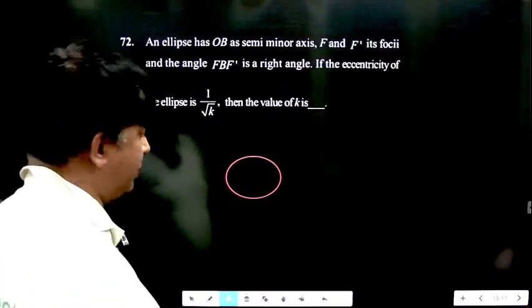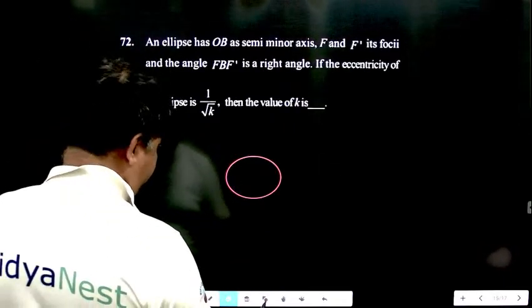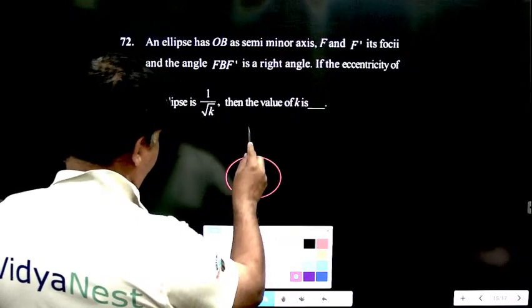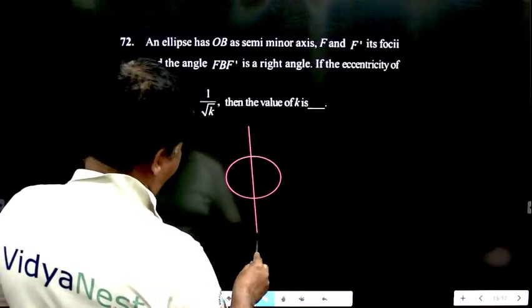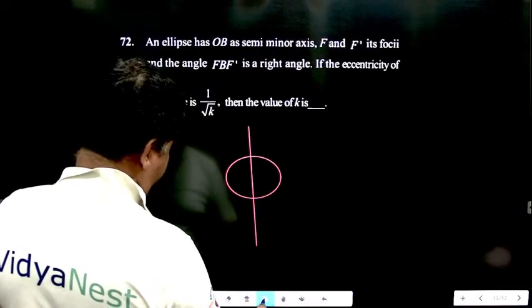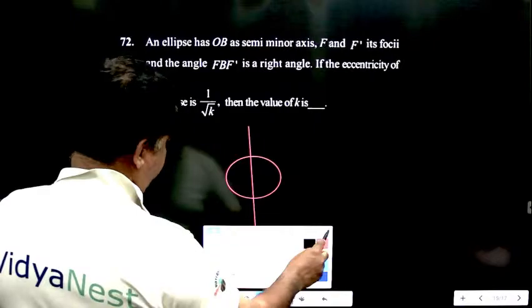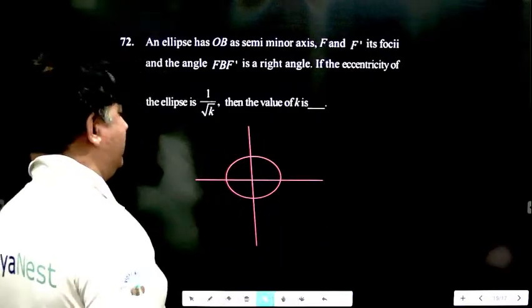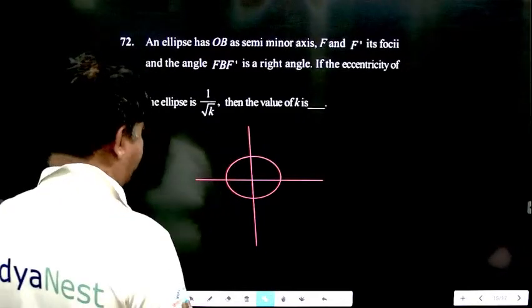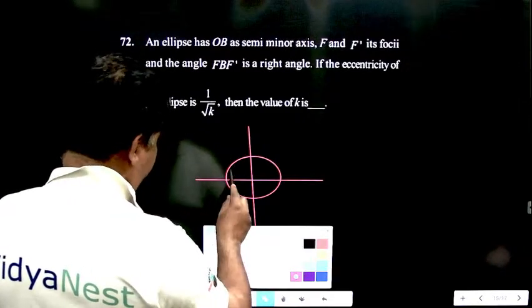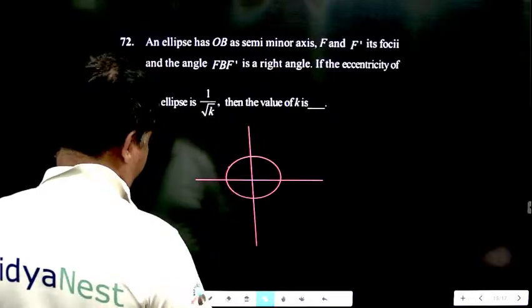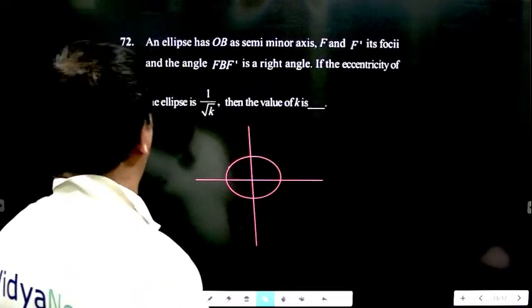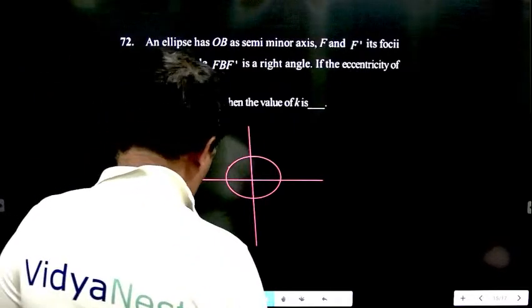That is the ellipse. Major and minor axis. Now, OB is the minor axis.